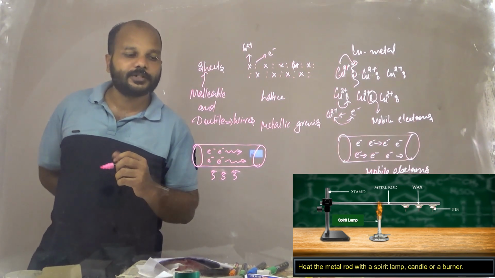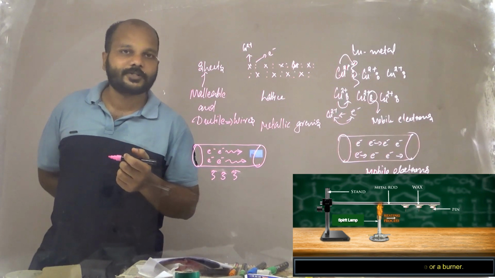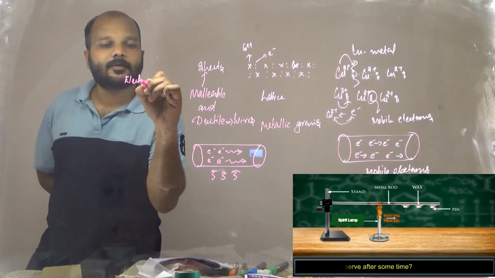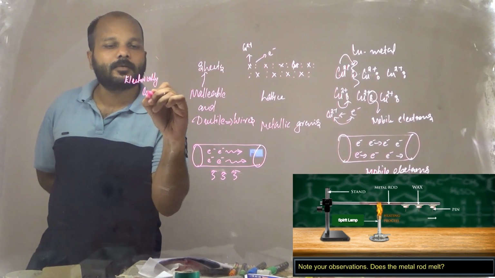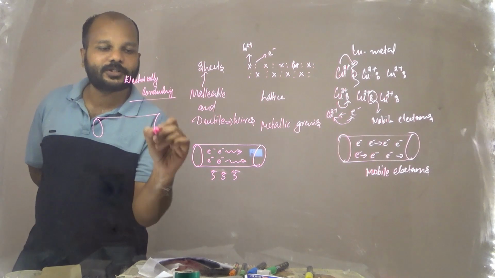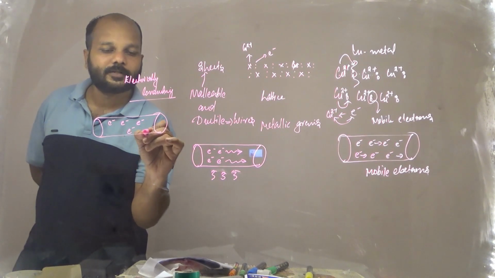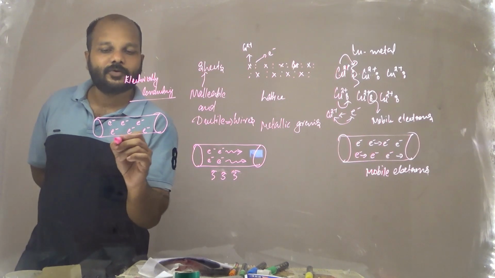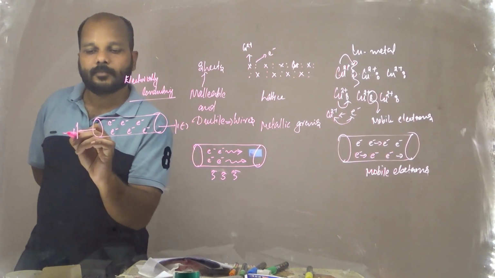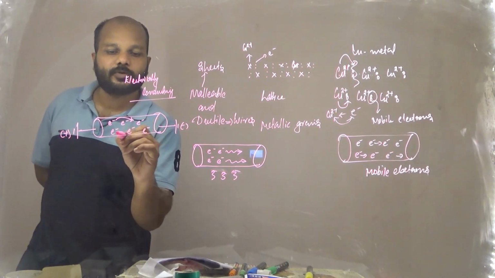Due to that, they can take up the energy and conduct electricity nicely. Most metals are electrically conducting. For instance, this is a metal with free electrons. If you apply a positive and negative terminal, the electrons take up the charge, and this charge moves in one direction.